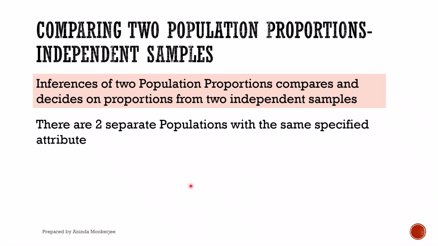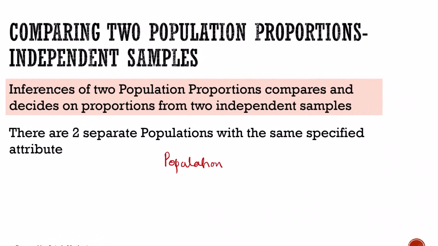So in studies of two populations, there will always be two separate populations. There'll be a population 1 and there will be a population 2. And from each of these populations, we will draw samples. So there will be sample 1 drawn from population 1, and there'll be sample 2 drawn from population 2.